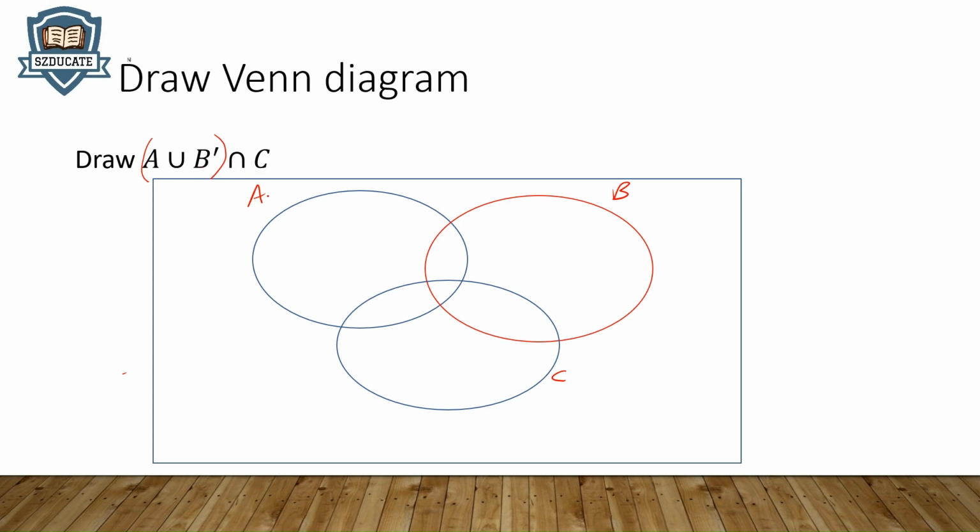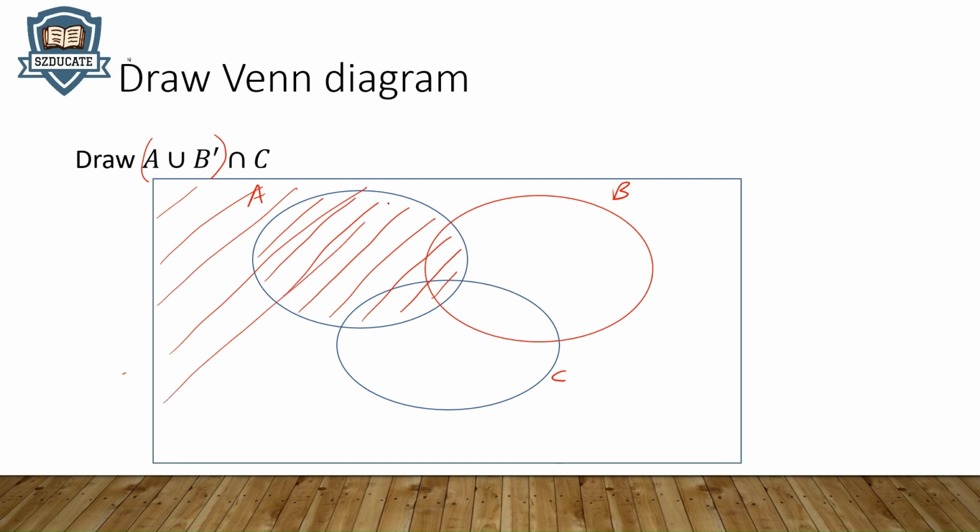A union B prime. So we shade A first. This is A. In this case, I'm not going to change color because it's a union, everything will have to be used. So A is this. B prime is everything except B, everything outside. Doesn't matter whether I double shade or not; as long as it's shaded, I will use it because it's a union.